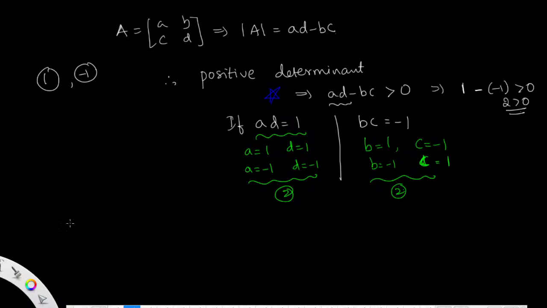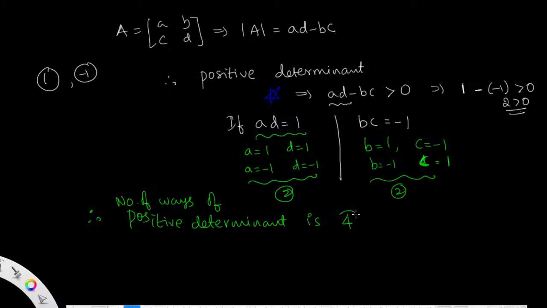Therefore, the number of ways to get positive determinant is 4 ways. This is the answer.